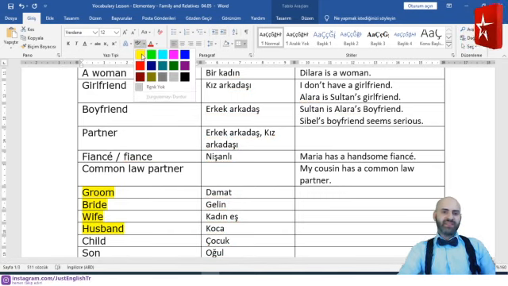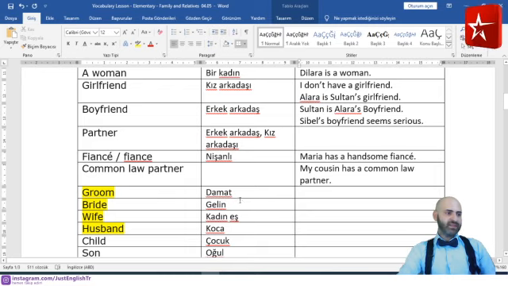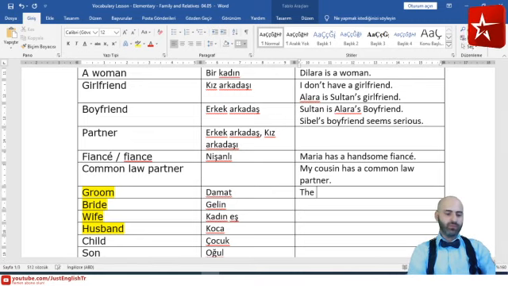Let's create some sentences using these words. Guys, can you help me? Can you give me some sentences using husband, wife, bride, or groom? Please, I'm waiting for your sentences. Beyza has a sentence. Let's write. The groom escaped from the wedding.